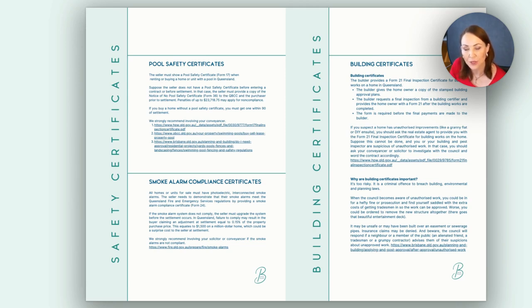If there is a pool and smoke alarms, the sales agent should be able to provide you with information regarding the situation with those certifications. And then building certificates, in case somebody's put on a deck or a granny flat or renovated a DIY bathroom. You need to have certificates to show that those have been approved by a building certifier.